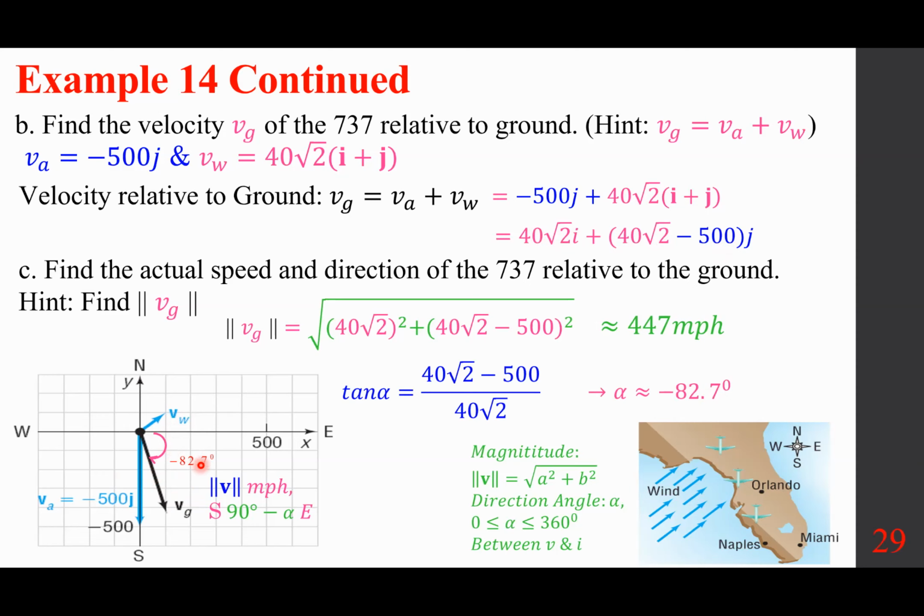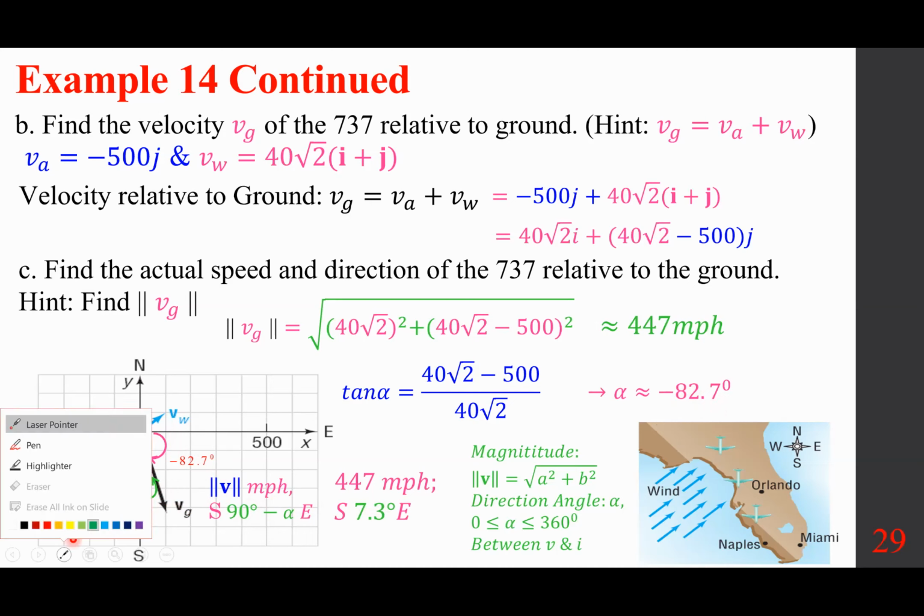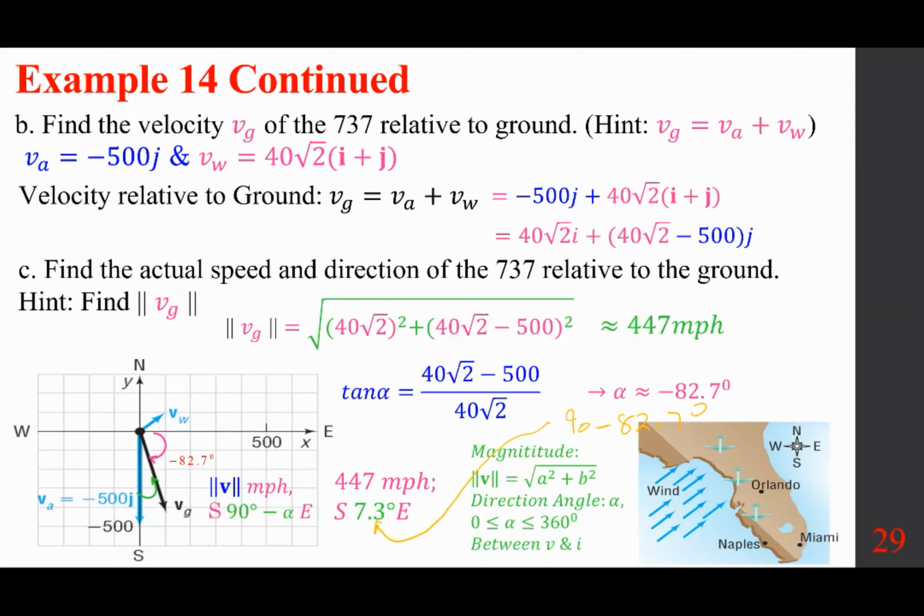So if you subtract 82.7, it gives you this angle. This angle is 90 minus 82.7, which is 7.3 degrees. Why is that? The entire angle is 90 degrees, and we subtract 82.7 from it.